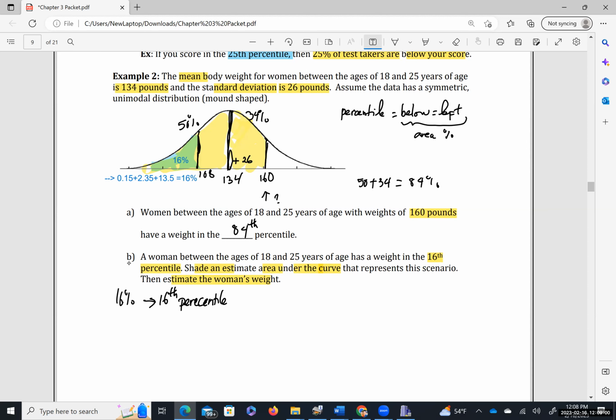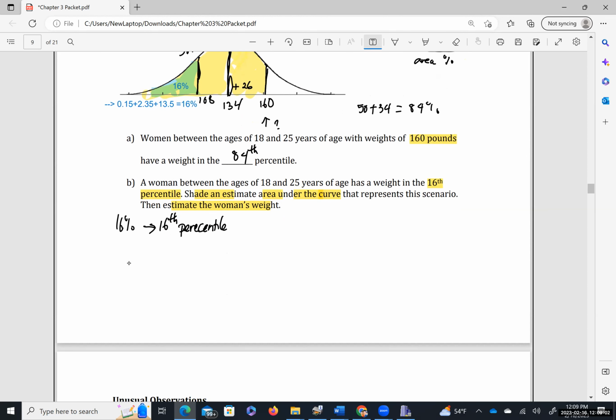So down here I can right away say the 16th percentile is approximately 108 pounds according to the empirical rule.